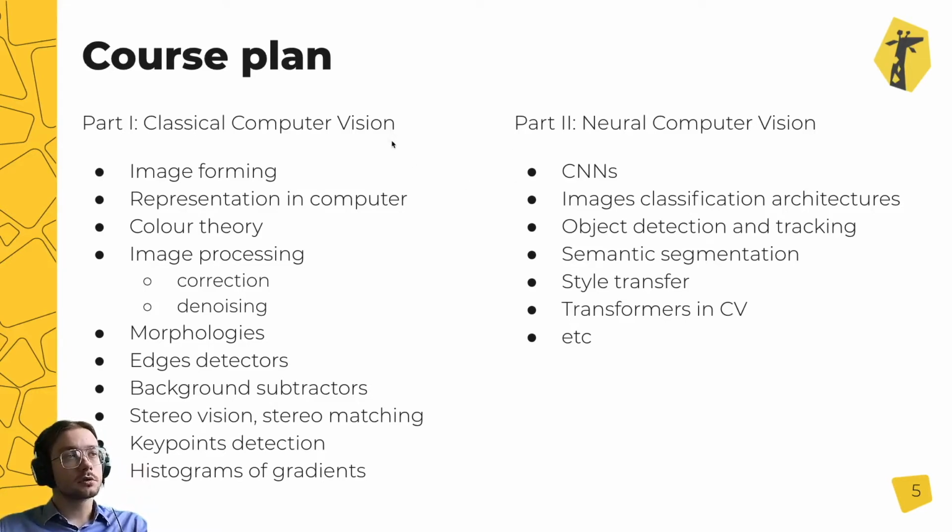The first part is classical computer vision, and nowadays many computer vision specialists, especially deep learning specialists, don't know much about what happened before the neural networks came.